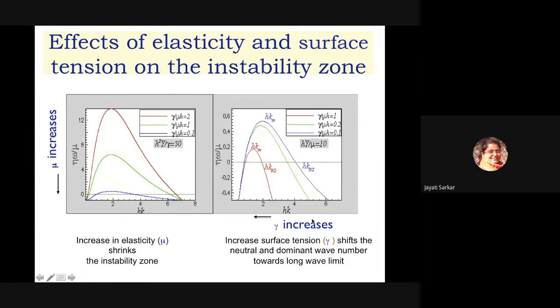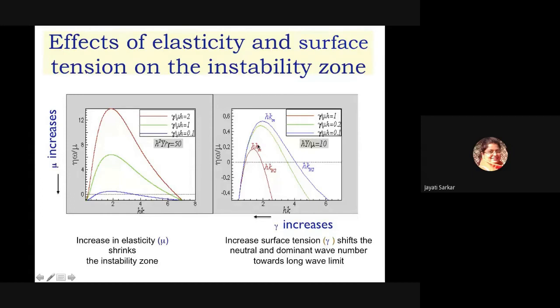Similarly, if the surface tension increases in figure B, one can see that the region above eta omega by mu, where the growth rate is greater than 0, that unstable region is decreasing, and the dominant wavelength is also moving towards lesser values.